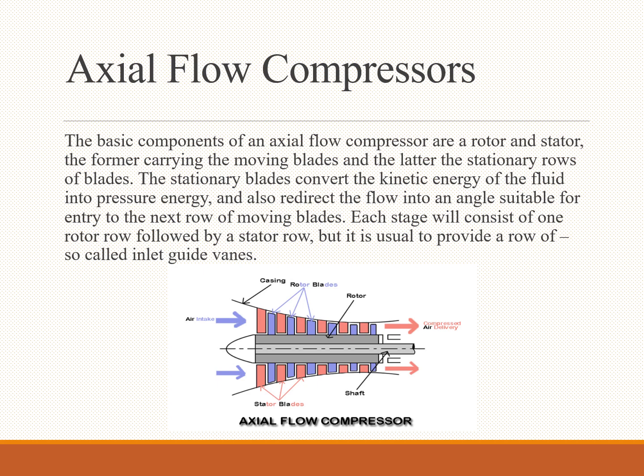The basic components of the axial flow compressor are a rotor and a stator, the former carrying the moving blades and the latter the stationary rows of blades. The stationary blades convert the kinetic energy of the fluid into pressure energy and also redirect the flow at an angle suitable for entry to the next row of moving blades.